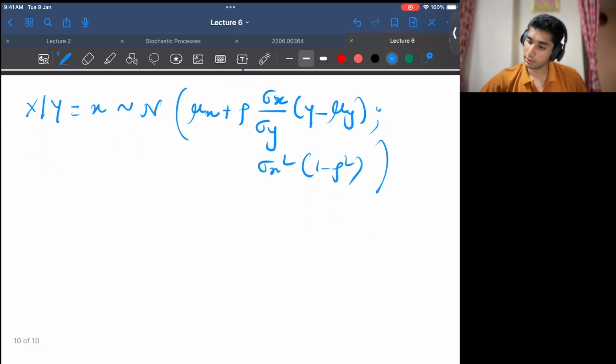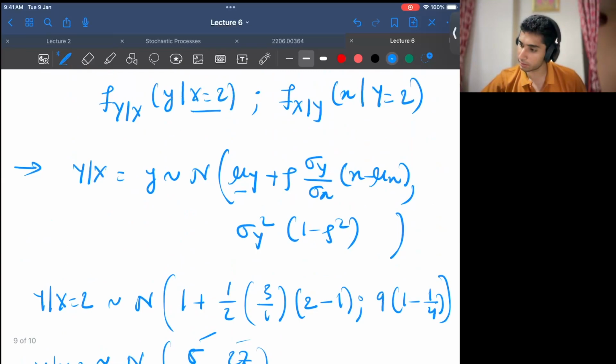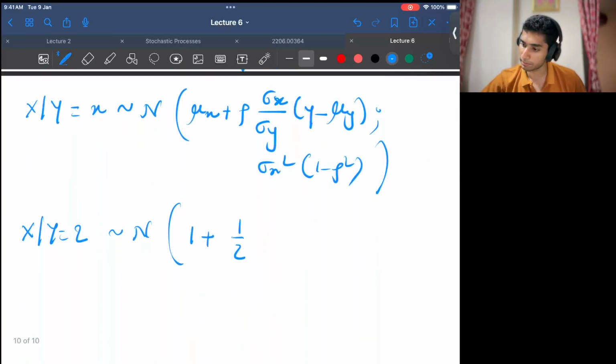Now let's say you were asked x given y is equal to 2. This will be distributed according to normal. Mu x was 1, plus rho was half, sigma x by sigma y is just 1 by 3, and y is given to be 2, so 2 minus 1.